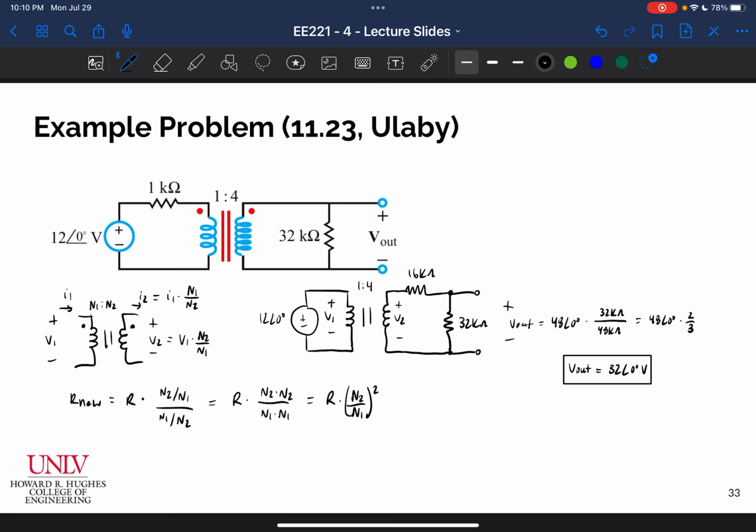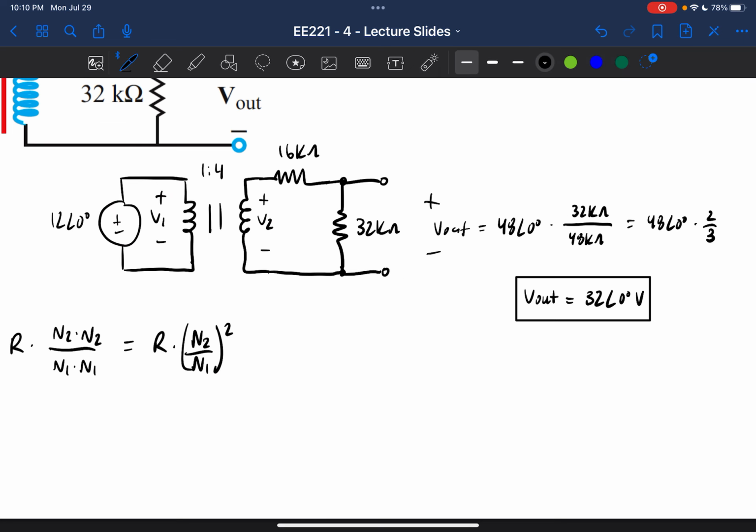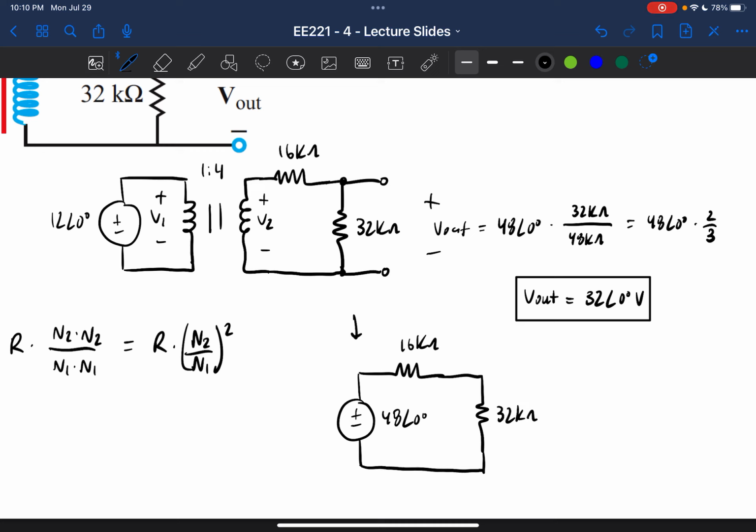We could also go one step further, before I skipped this step, but we could also just transform this voltage across the transformer as well and draw the full equivalent circuit as just 48 angle 0 with a 16K resistor here and a 32K resistor there, and we would get the exact same result, right?